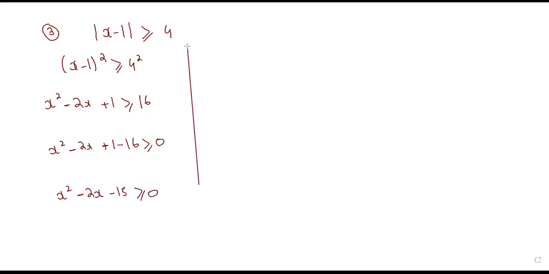Next, I'm just supposed to simplify this. How do we simplify this? I need to find the two factors. So it would be −5x and positive 3x, and then −15 ≥ 0.